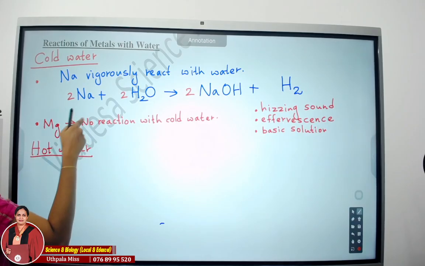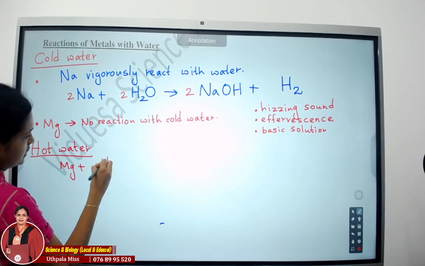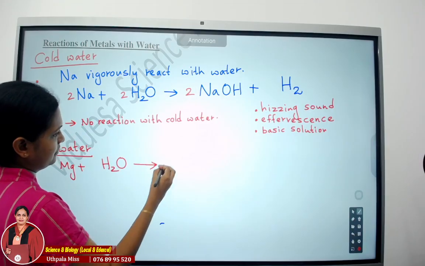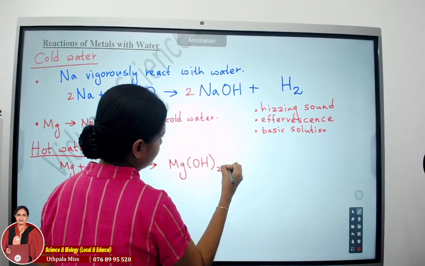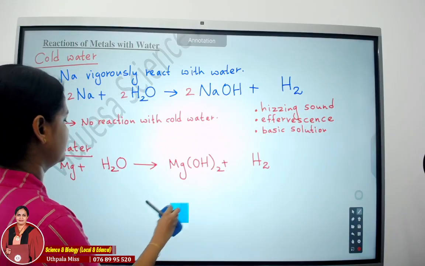Though magnesium does not react with cold water, it reacts with hot water. Magnesium plus hot water forms magnesium hydroxide and hydrogen gas.